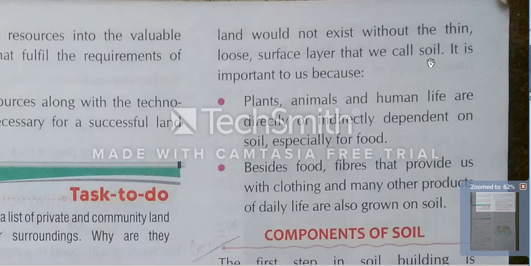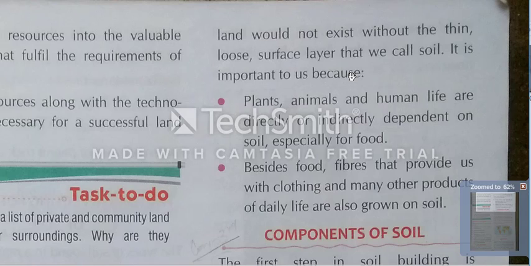Means a plant cannot survive without the surface layer that we call soil. A plant is possible only on the soil. It cannot exist without the thin, loose surface layer that we call soil.